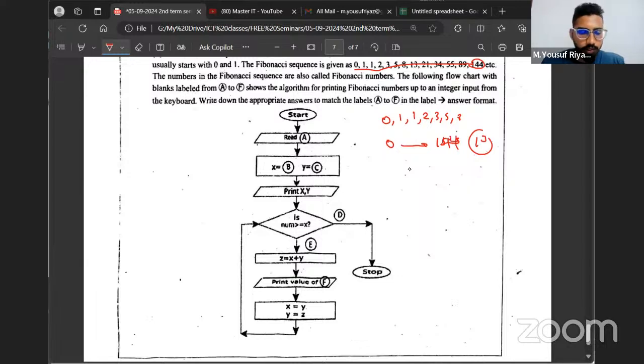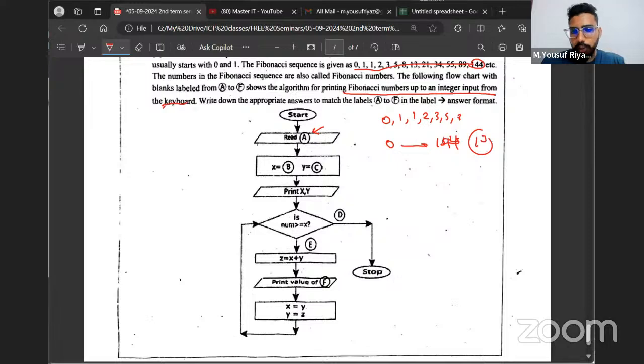Let's say that. So if you start like that, you can see read A. They are asking the user to enter an integer input from the keyboard.